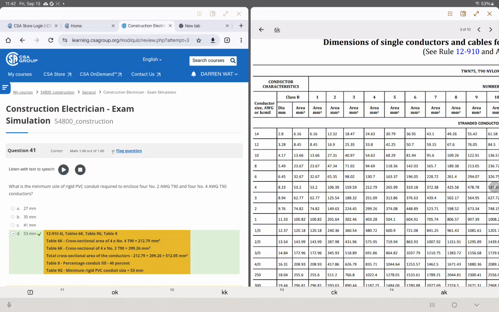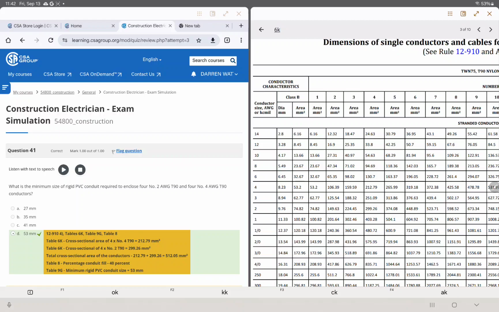Okay, now we're also looking for T90 number 4s. And we need 4 of them. So across from 4, for gauge, and 4 conductors, we got 212.79.